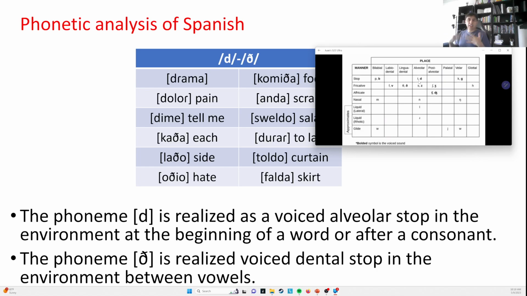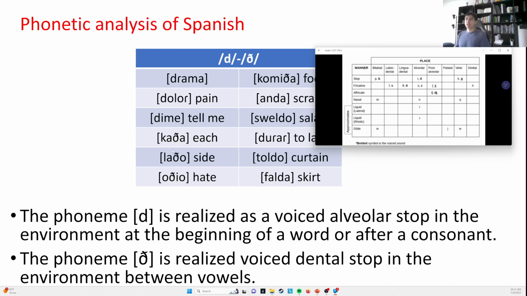After our phonetic analysis, after doing the environment and after describing the environment, we can say that yes, they are going to occur at the beginning of a word or after a consonant. And in the case of this phoneme D, it's realized as voiced dental stop in the environment between vowels.